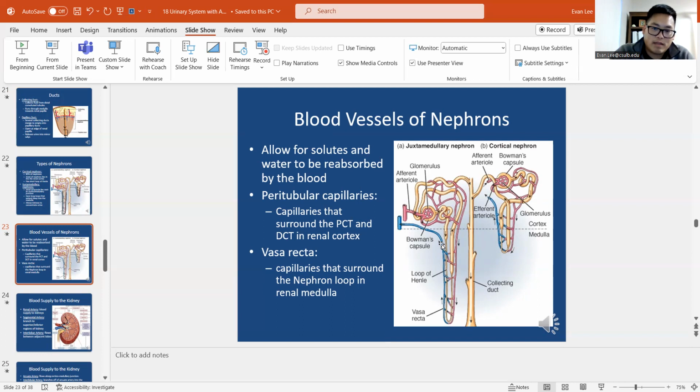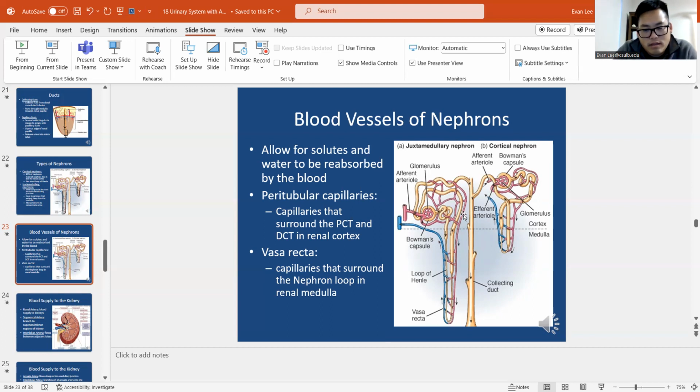They're going to be tiny little capillaries. So if you look closely, there are these really, really small blood vessels surrounding both the loop of Henle and the convoluted tubules. And those are going to have a little bit of a different name, but they will also be largely separated by the layer that they're found within, because the structures are found in different parts as well. So let's review that so we can see that more clearly.